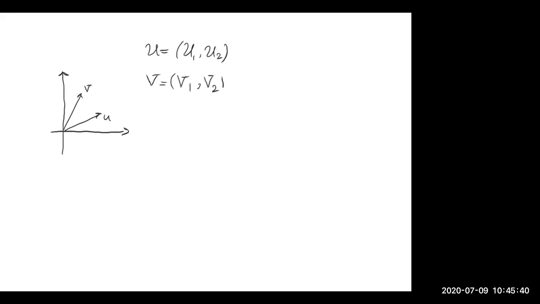So let's say we have two vectors u and v. u has coordinates u1 and u2. v has coordinates v1 and v2. u dot v, as I said, is equal to u1 v1 plus u2 v2. But there exists another way, a second way to compute the inner product. So this is the first way.